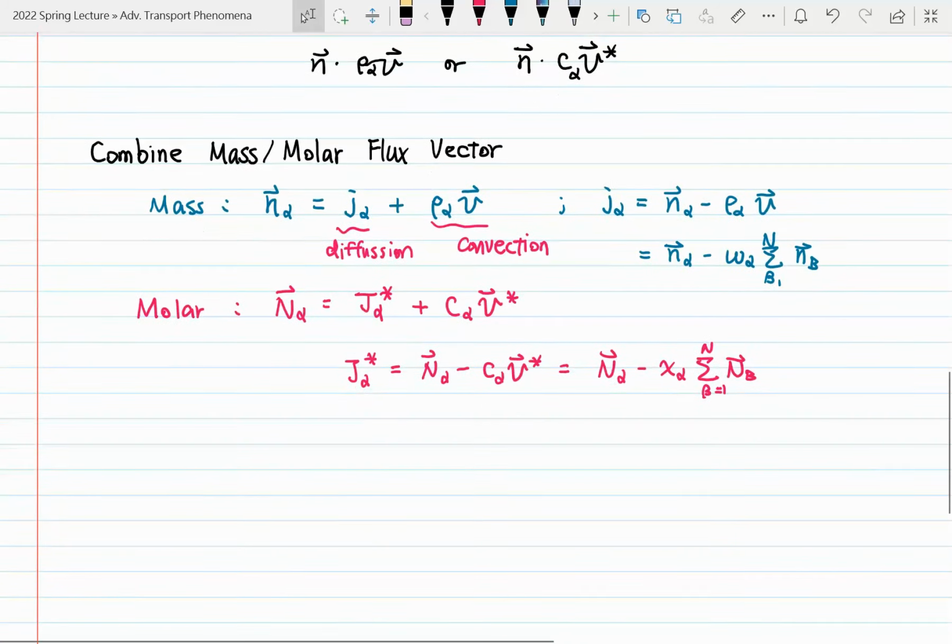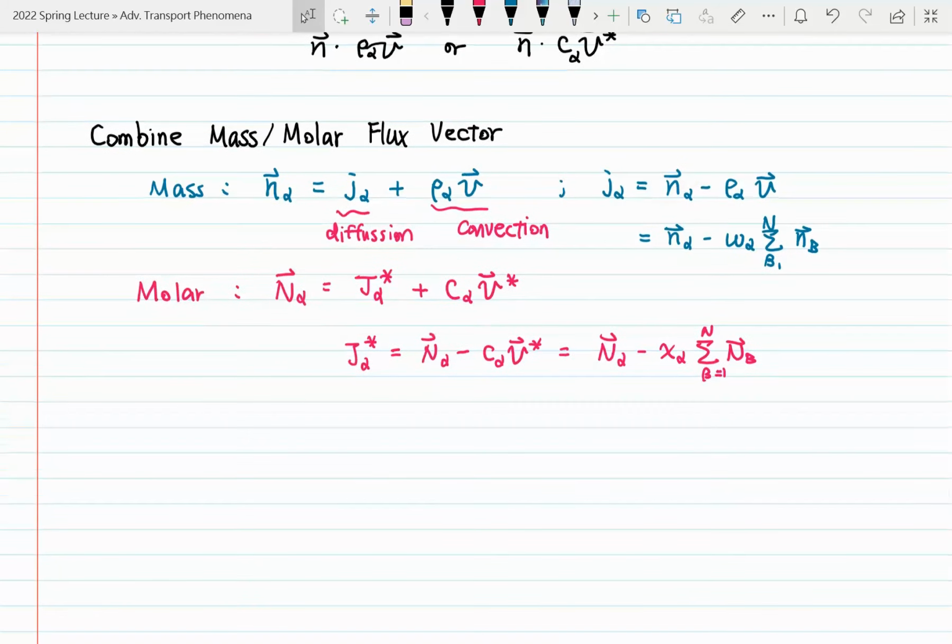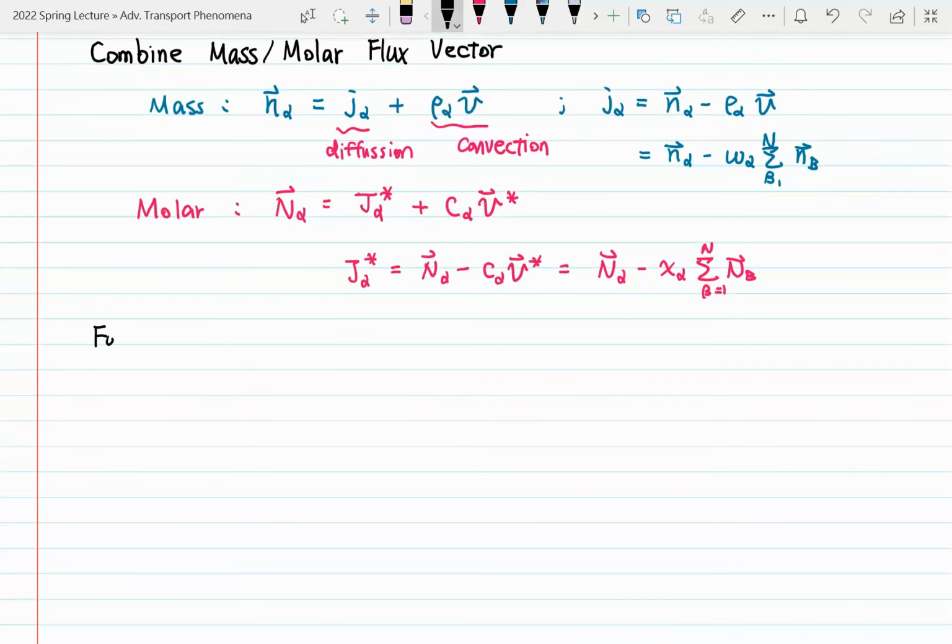So let's continue. If we simplify our system to binary systems, then things can get a little bit simpler. So let's take a look at binary cases. For binary systems, we have the diffusional flux equals rho times diffusivity times the gradient of the mass fraction.